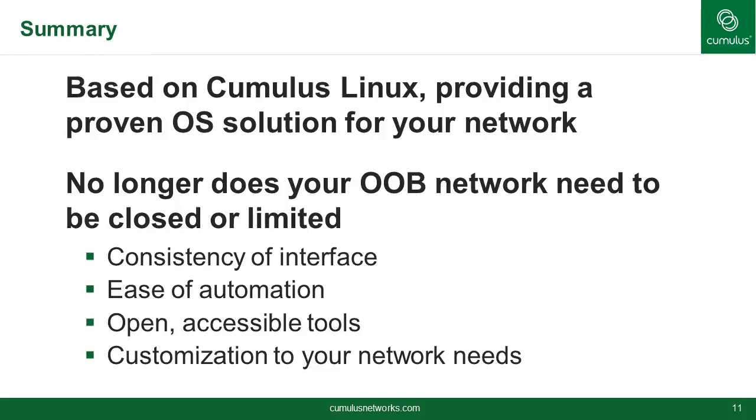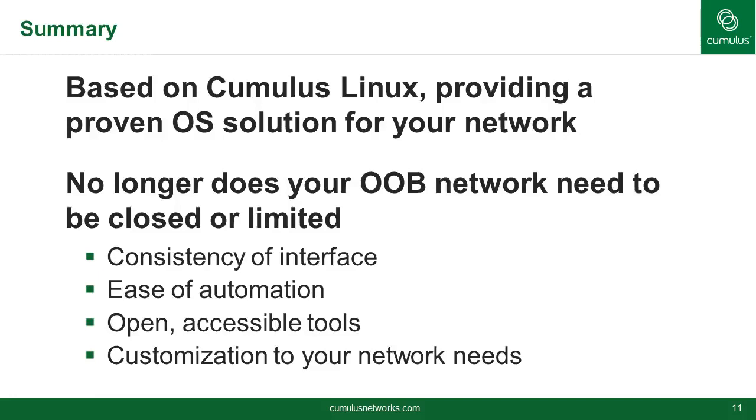No longer is your out-of-band network closed or limited. You now have the ability to install applications, enable pre-installed applications, automate in the same way that you've been doing in the rest of your network, and give you open accessible tools and customize this as you need to be able to deploy now both in your production network and in your out-of-band network.